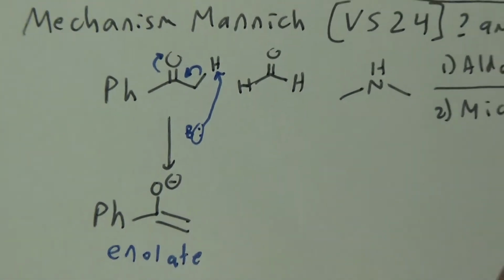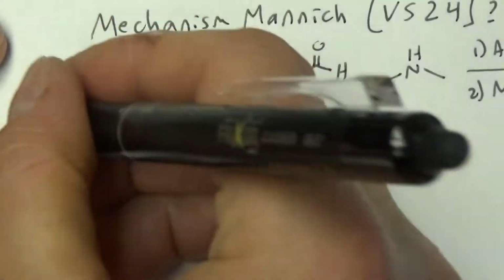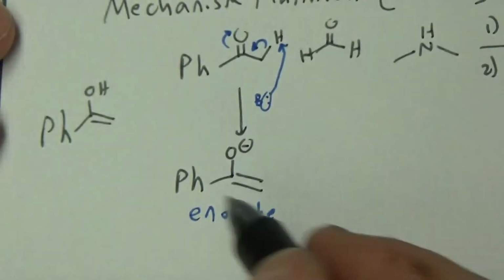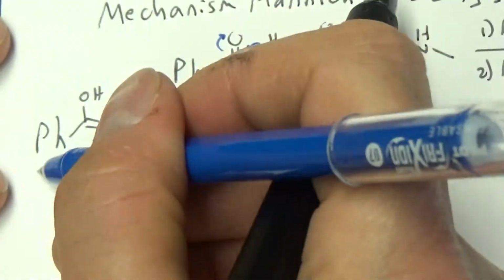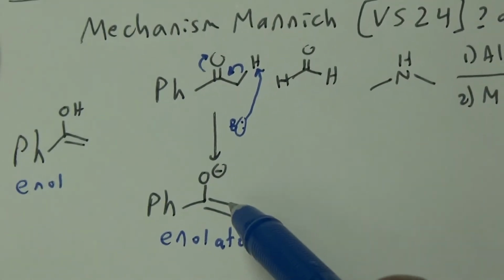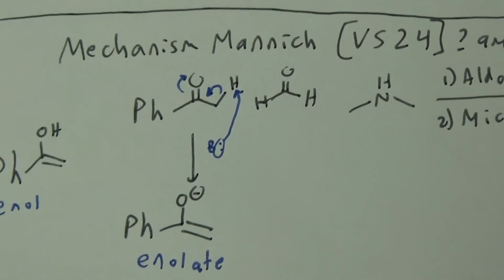As opposed to an enol, which would be an alcohol, that's an enol. They're both nucleophilic, so they can attack stuff. This is a little more nucleophilic because it's got the negative charge on it.